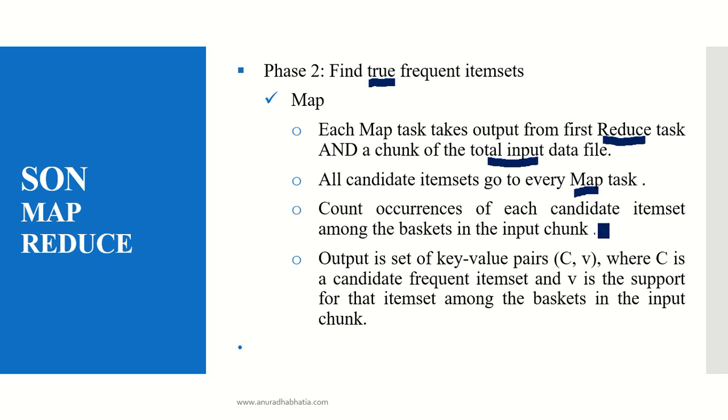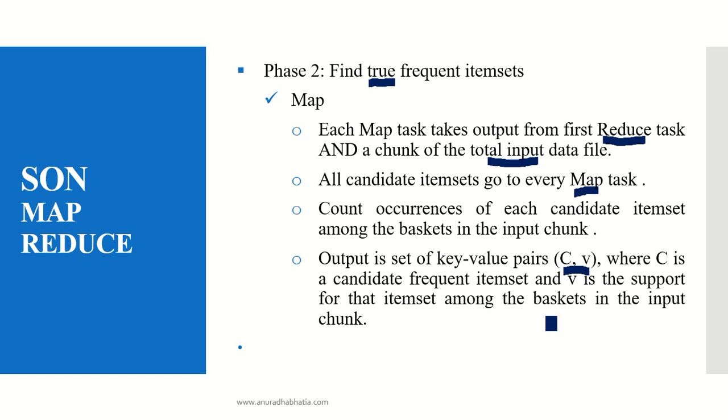Now count occurrences of each candidate item among the baskets in the input chunk, as we have calculated on the first slide, that from the complete transaction table I calculated the number of times my A, B, C, D, E were occurring. That is what it means. Output is a set of key-value pairs (C, V), where C is a candidate frequent item set and V is the support for that item set among the baskets.